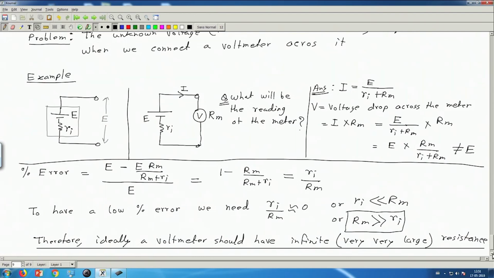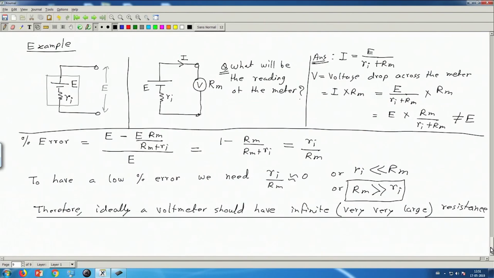And now, in this example, we have taken a very simple circuit, just a battery with an internal resistance. What will be the case if we use a complicated circuit where we want to measure a voltage?